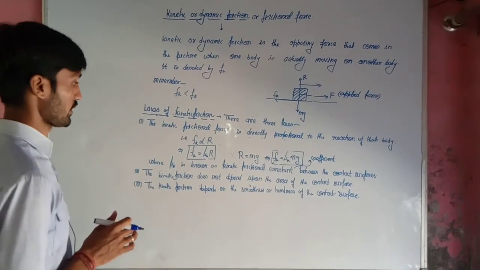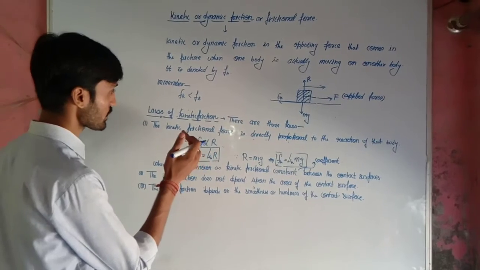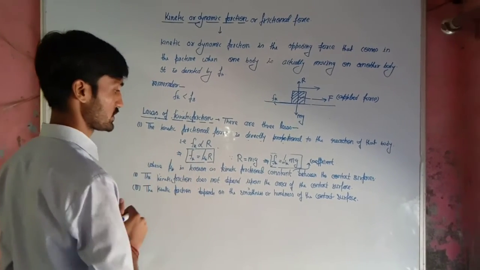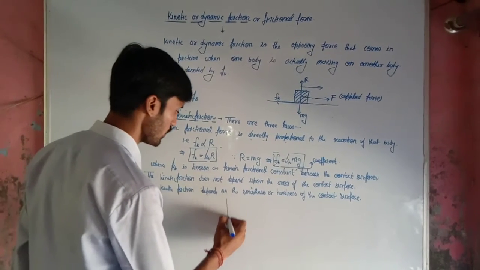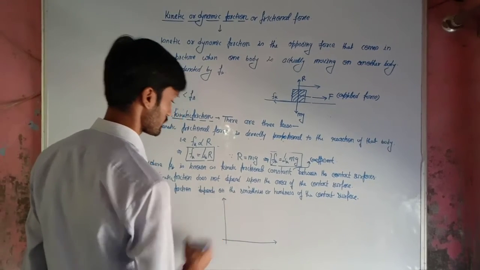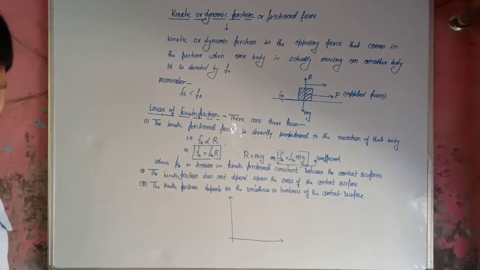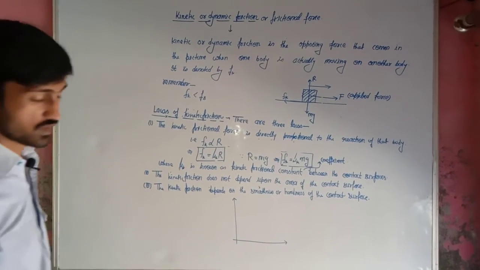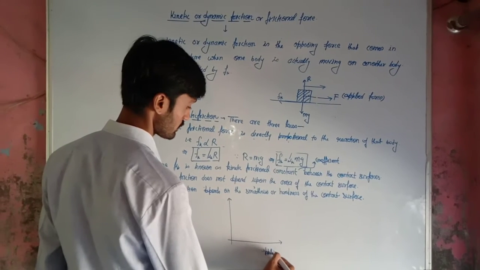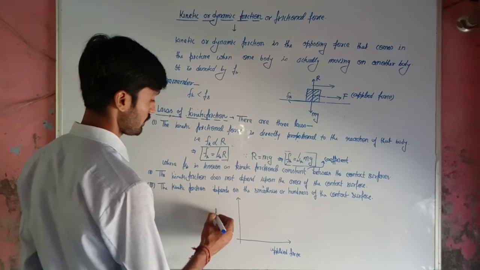Okay, but its value is smaller than the limiting frictional force, and the variation is like this: applied force versus frictional force.